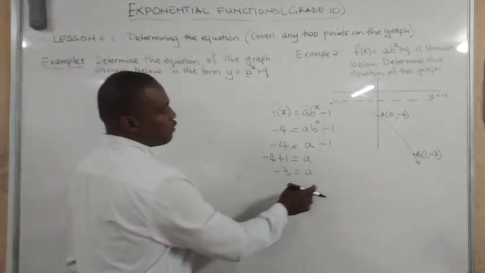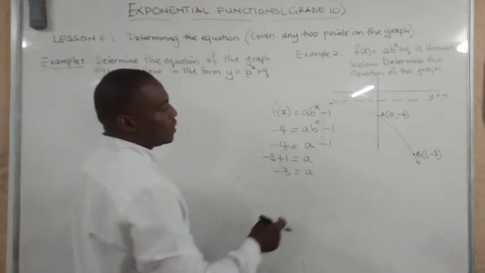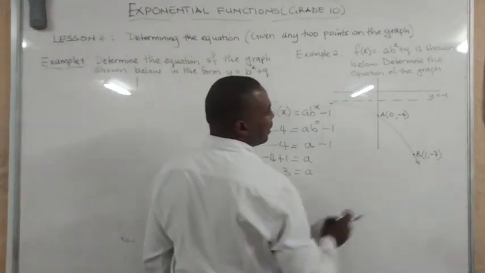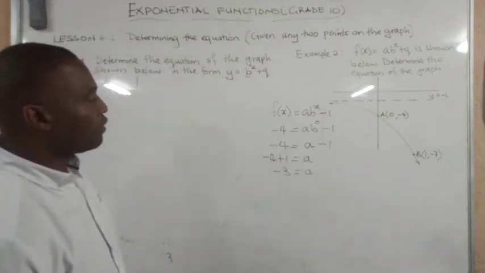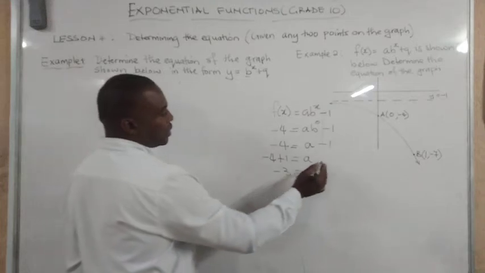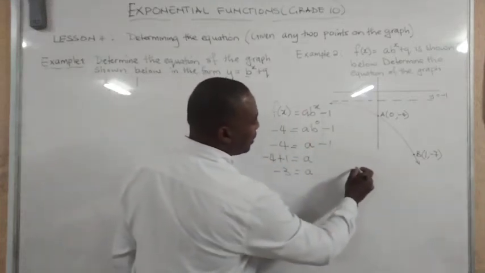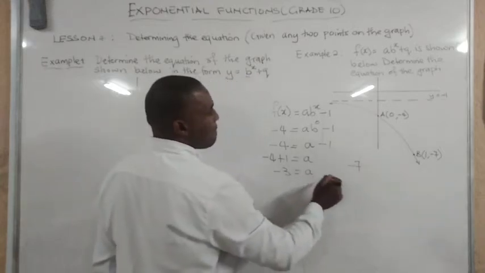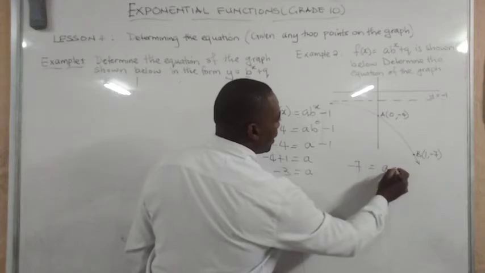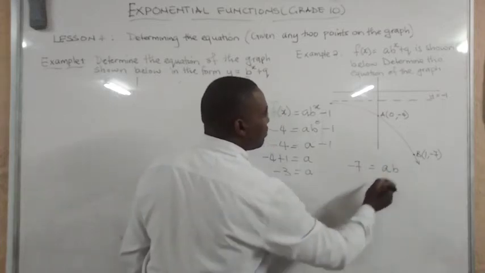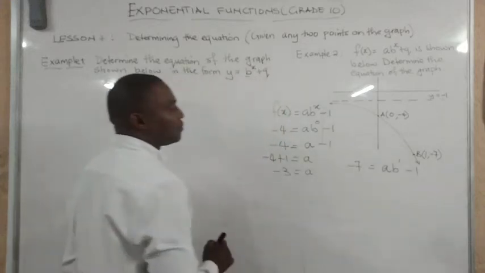Alright, having the value of a, we still need to find the value of b. So this is now coming from the point b that we have to substitute. So let's substitute b into f of x. That will be negative 7 is equal to a b to the power 1 minus 1.